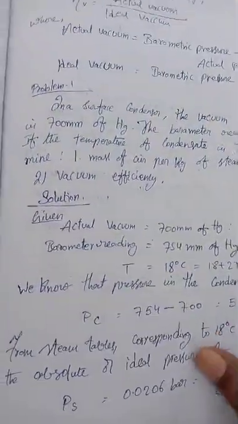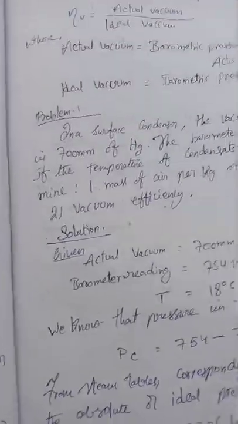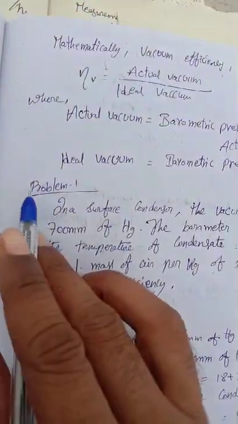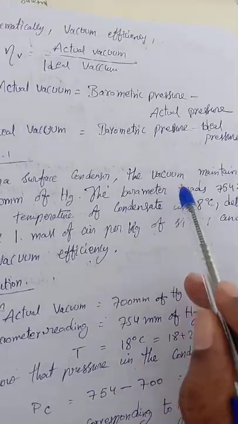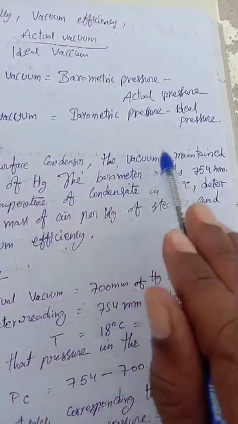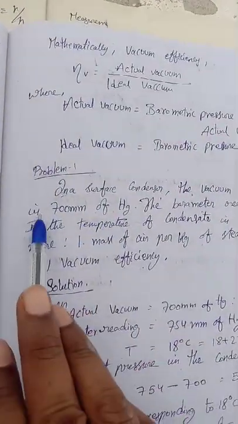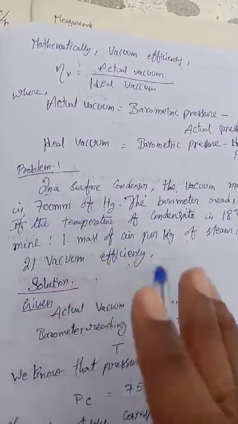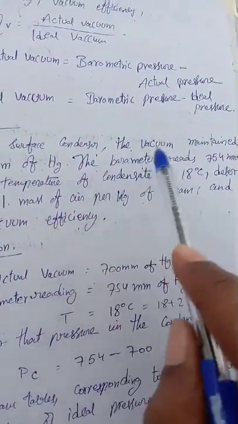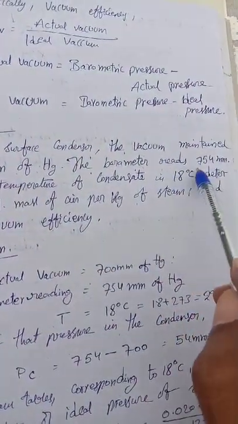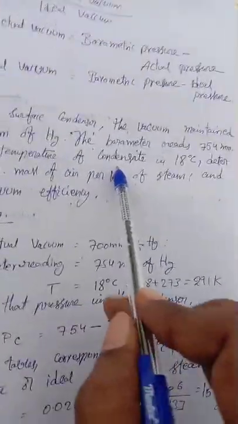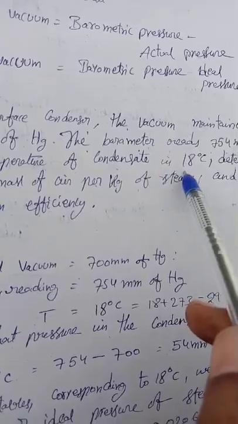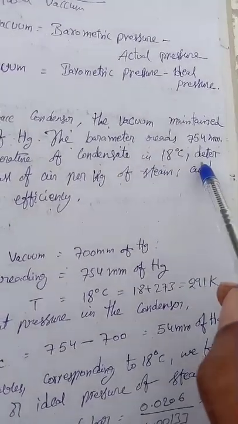Now we are going to see one problem about this. In a surface condenser, the vacuum maintained is 700 mm of Hg, the barometric reading is 754 mm, and the temperature of condensate is 18 degrees Celsius.